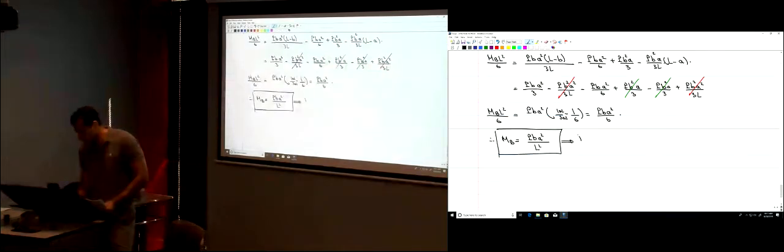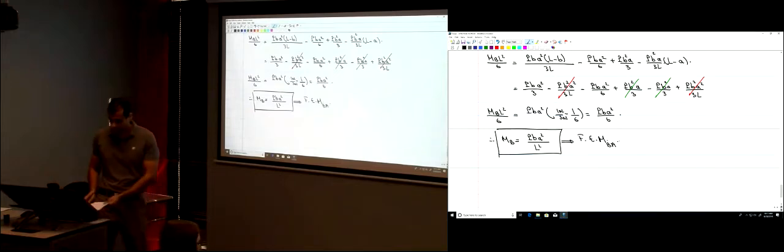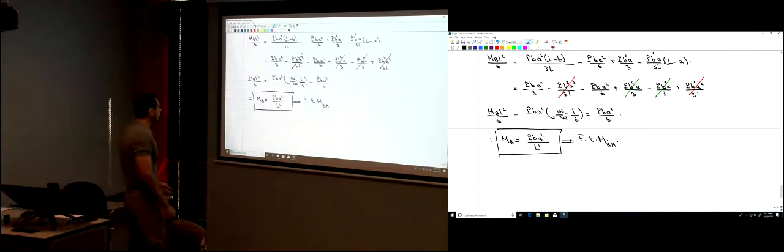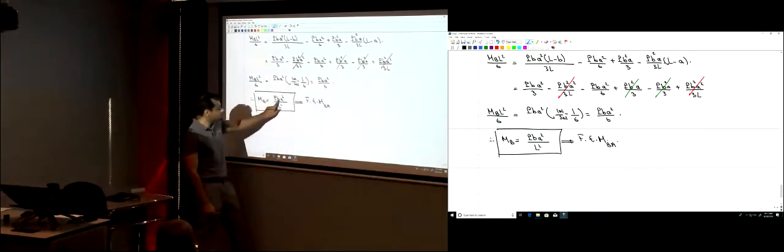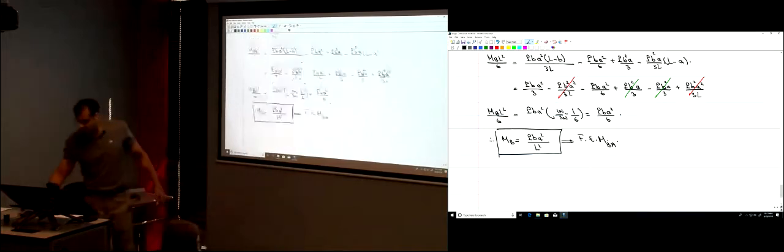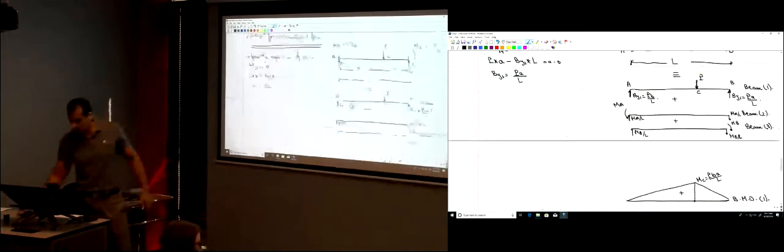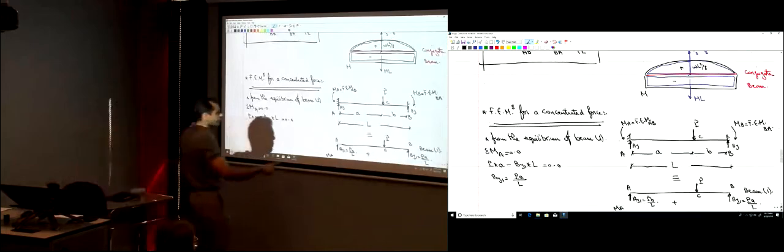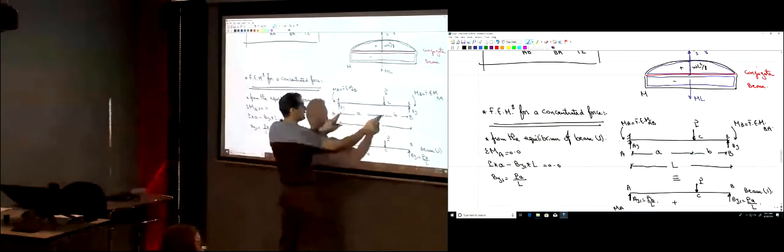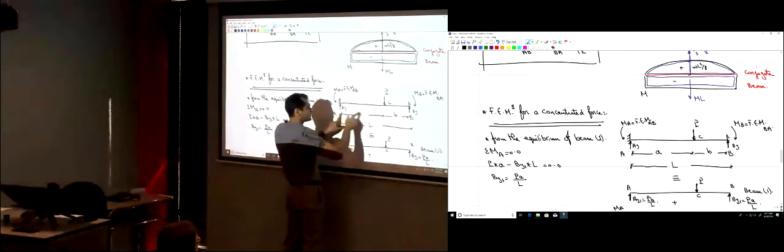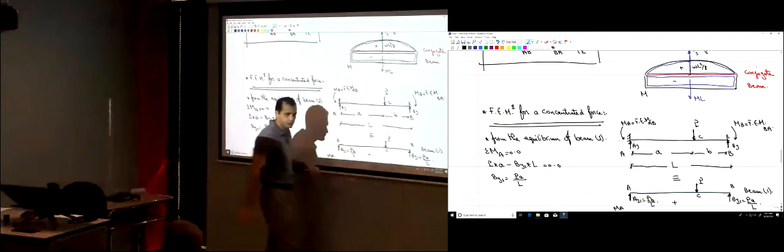That's the fixed end moment BA. So how does it look? It's the load multiplied by B, which is the length that is close to B, multiplied by A squared, the far distance squared, divided by L squared.